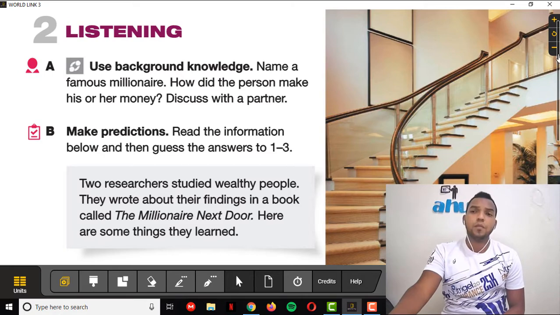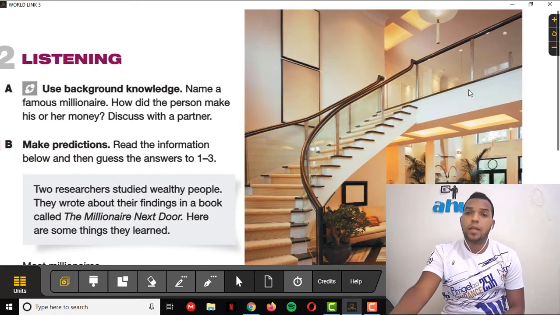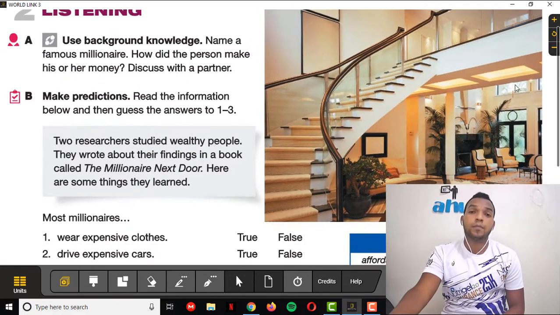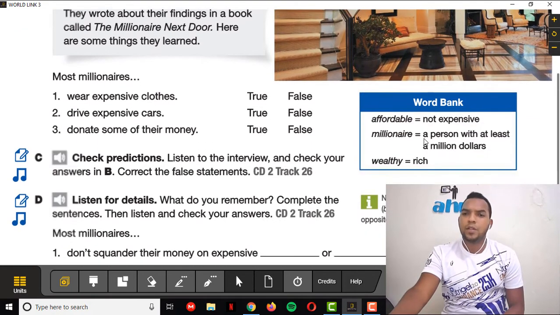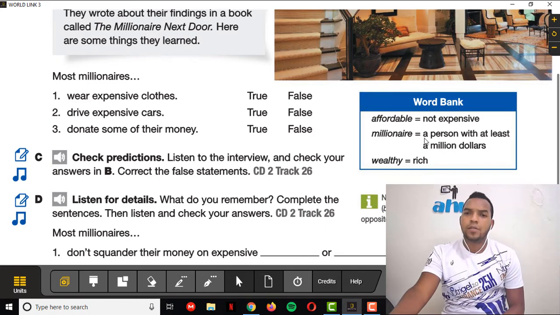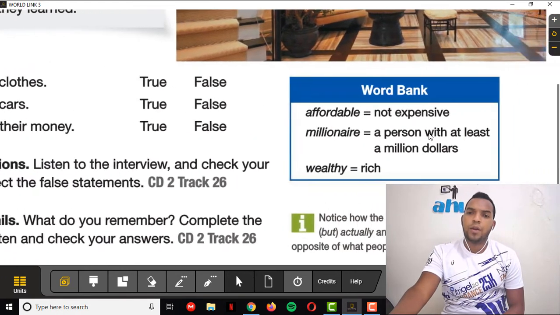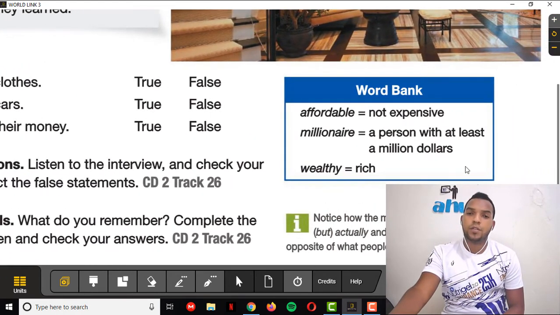And he made the money that he has right now working, creating movies, really great movies. So that is the way. If he has a company, I don't know if he has one, but there are plenty of them that have one. Okay, so here there is a word bank, as you see, with what I was telling you before.